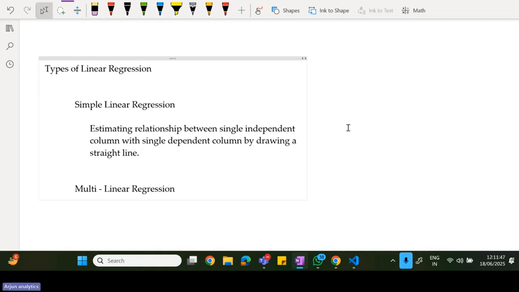Now, for simple linear regression, the equation is y equals mx plus c. Remember this: in the future or in your career, whenever you are dealing with any straight line or linear relationship, your equation starts with y equals mx plus c.